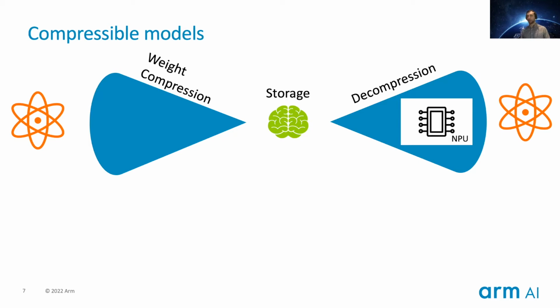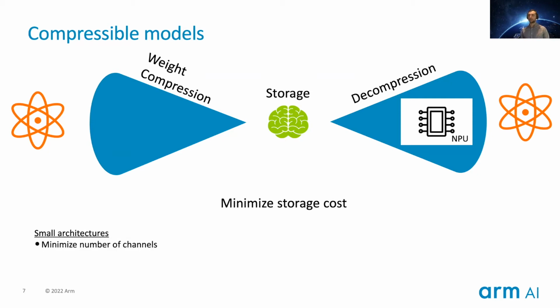So given that we're able to apply weight compression to a model, the question becomes, how do we minimize the storage cost of a model? We have several different strategies that we can employ here. For example, we can just begin with a very small architecture.